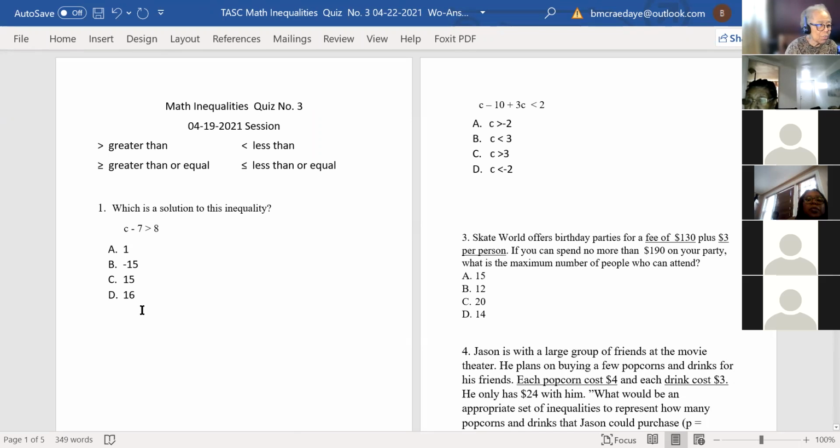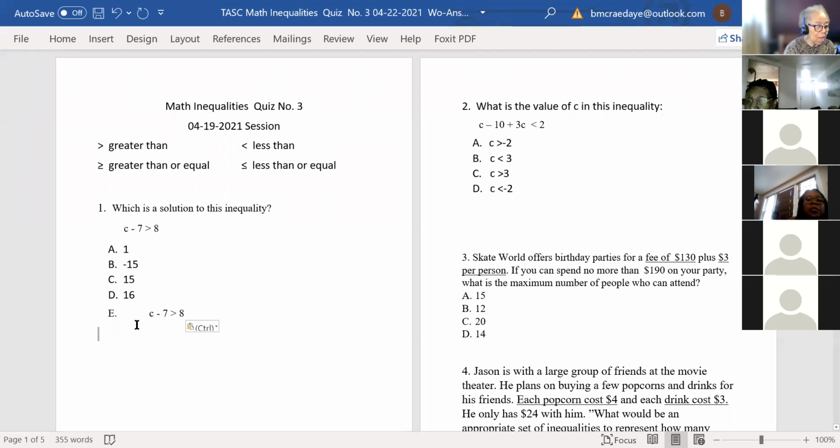What would you do first? Let me just copy the inequality and you tell me what is your first step. We're solving the inequality, which means we're solving for C, right? Yes. Okay, what would you do first to solve for C?